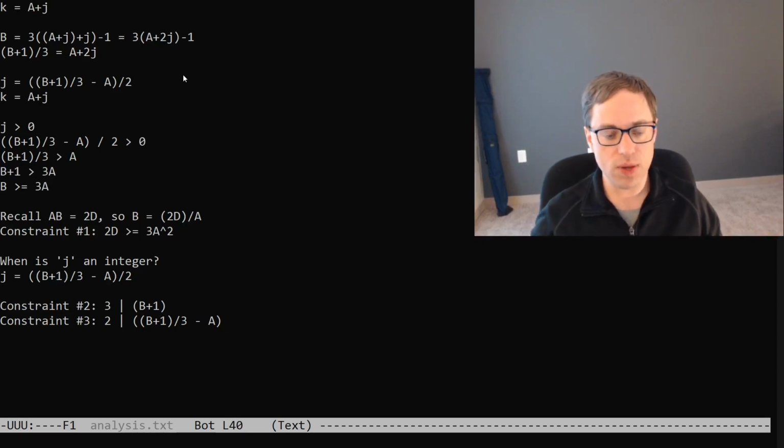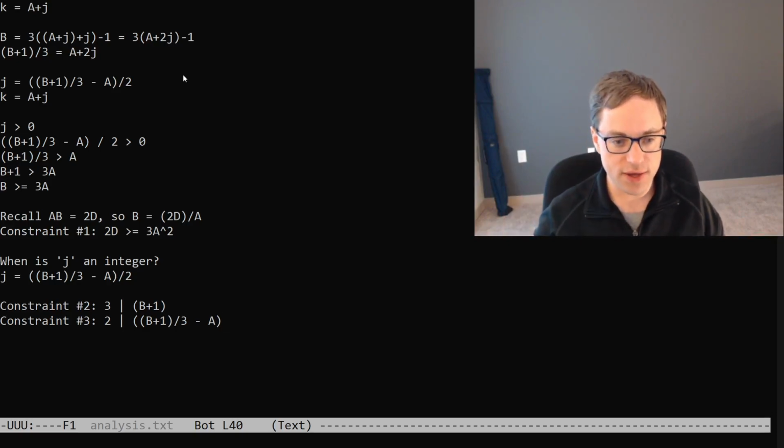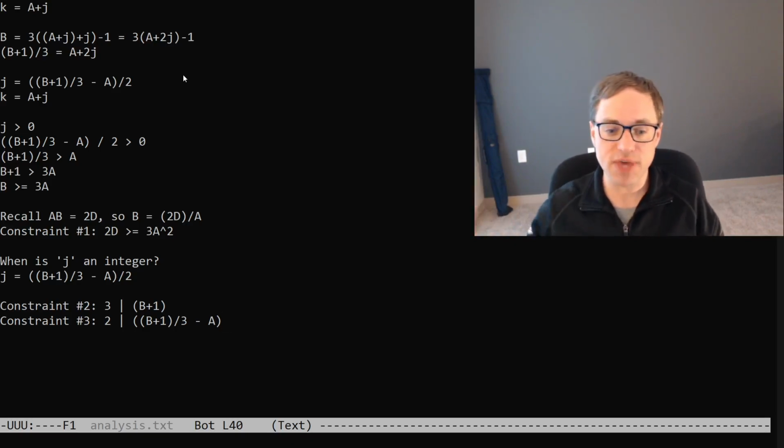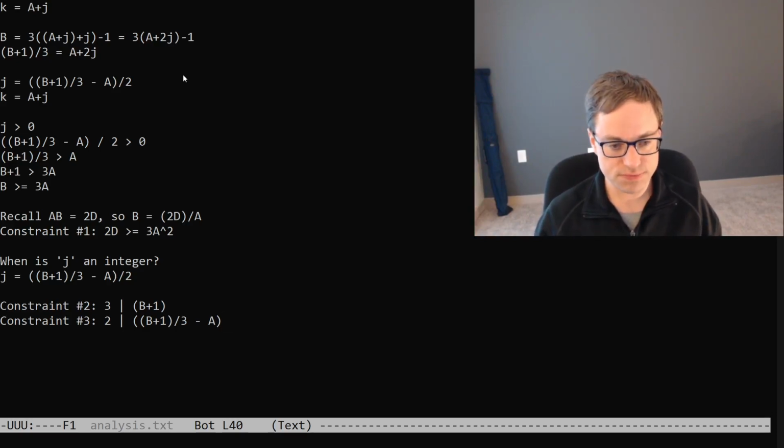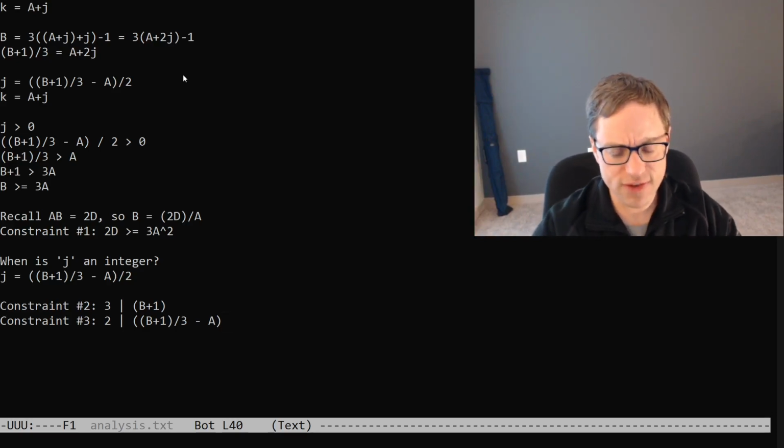That is, we will have d, p sub j, and p sub k all being pentagonal numbers, and then we can calculate p sub j plus p sub k and see that it is also pentagonal. Okay, so let's take a look at an example.